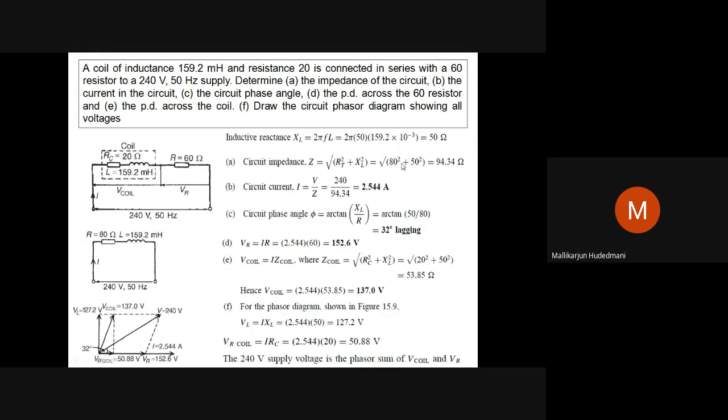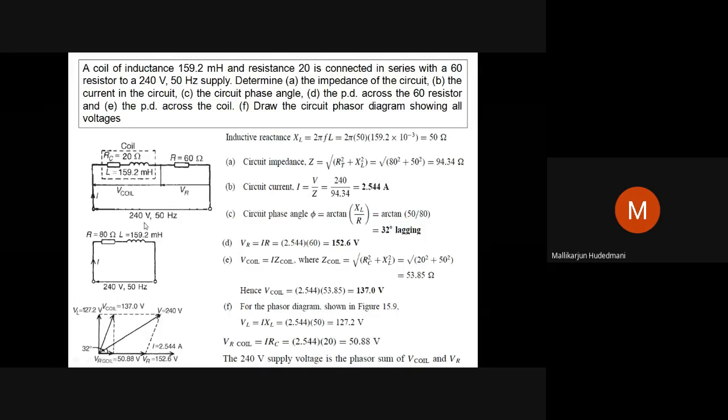Can you see here? R total, 20 plus 60 squared, plus XL squared. What is the XL value? 50. So 80 squared plus 50 squared under the root becomes 94.34, the total impedance of the circuit, which is written here. You can see the second diagram: 80 ohm, nothing but 60 plus 20. L is 159.2 millihenry.